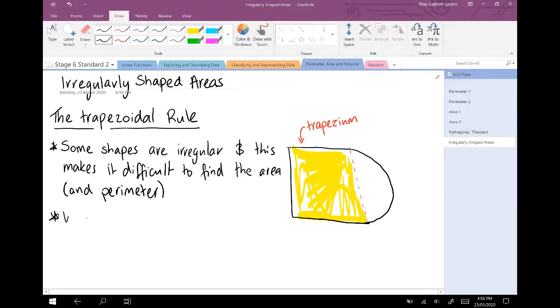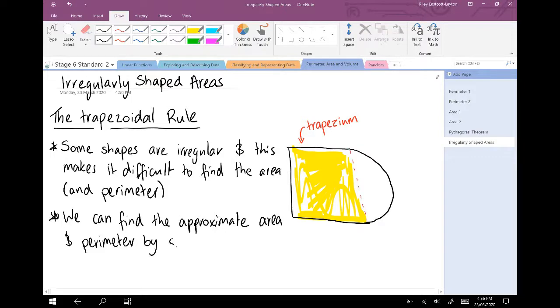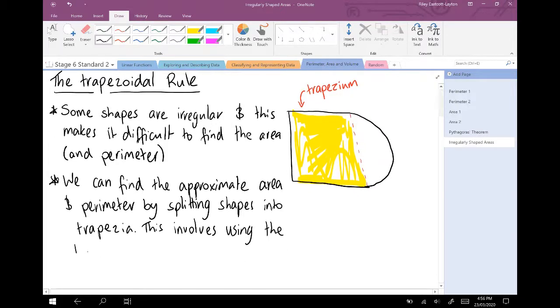So we can find the approximate area and perimeter by splitting these shapes into trapezia, we call them. And this involves using the trapezoidal rule.